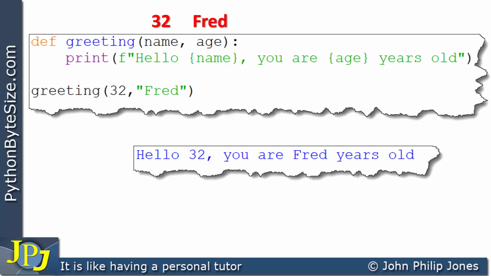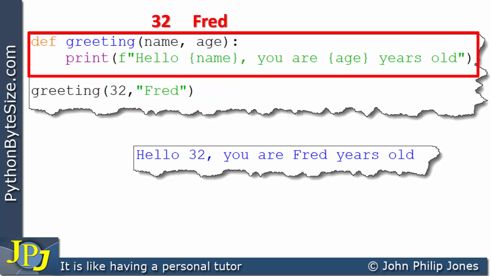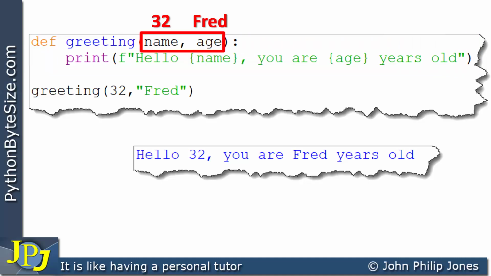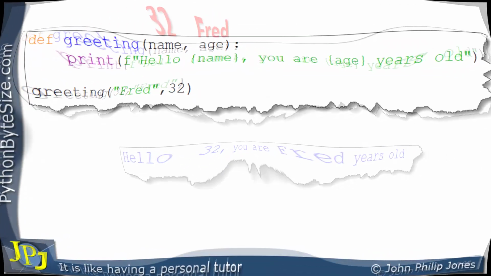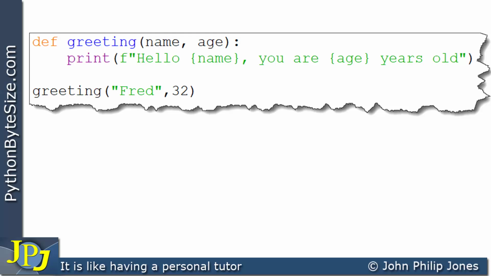But you can see what I've done as the programmer. I've put them in the wrong order here. The definition of the function dictates the order in which they should be, name, age. So your responsibility as a computer programmer, if you want to use a function that has used positional parameters, you have to ensure that the arguments you pass to that function are in the correct order.